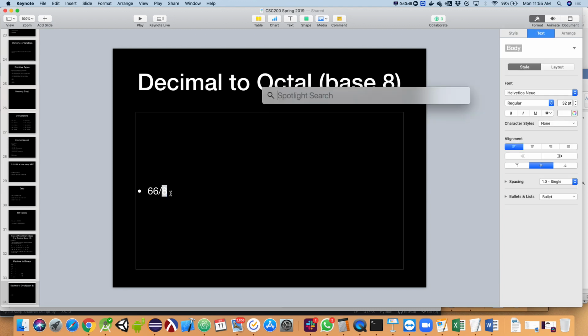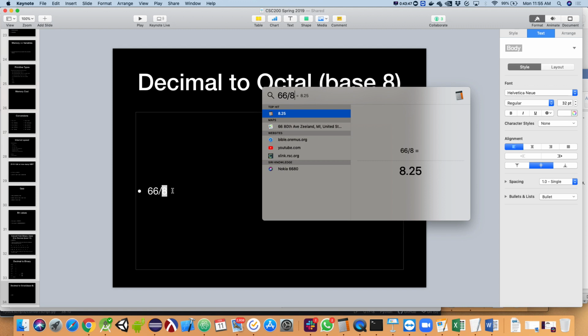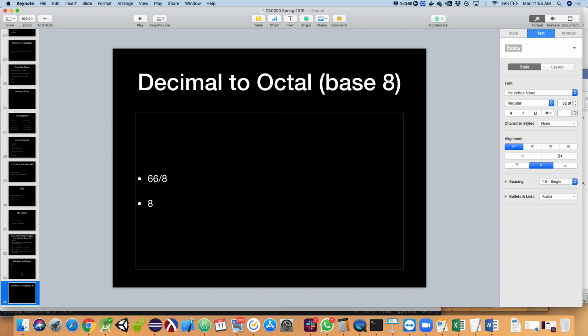All right, so 66 divided by 8 is 8. 8 times 8 is 64, remainder 2 to get me to 66. 8 divided by 8 is 1. 1 times 8 is 8 with remainder 0. How many times does 8 go into 1? 0 times. 0 times 8 is 0 with remainder 1.